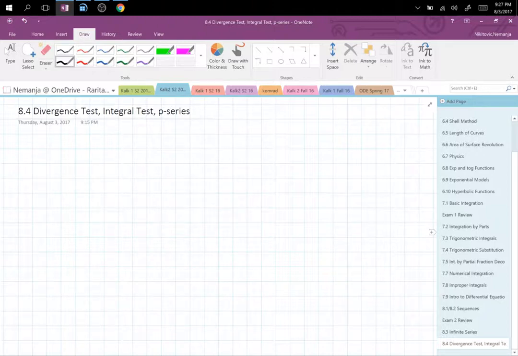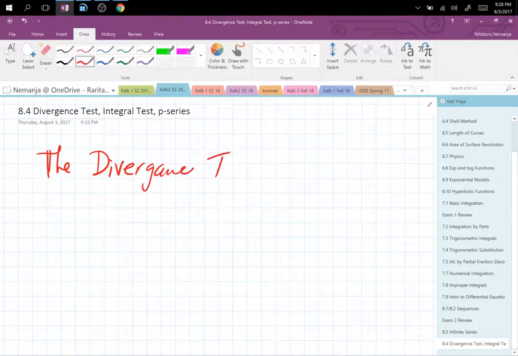So the divergence test, here we go. It's a theorem.